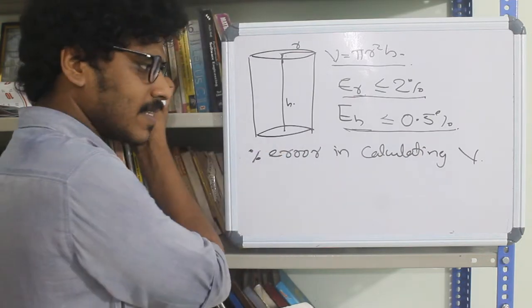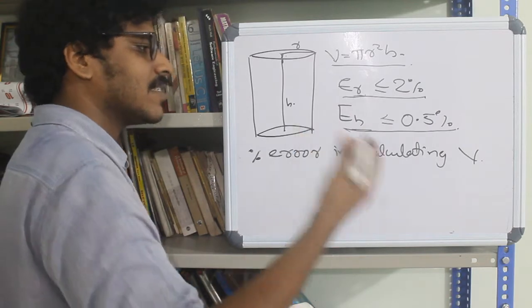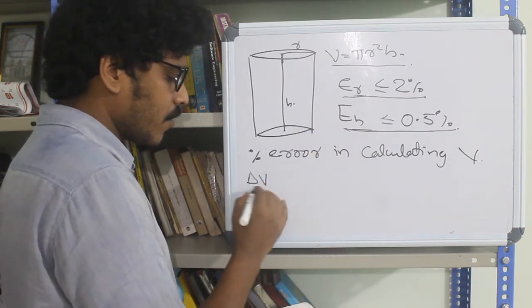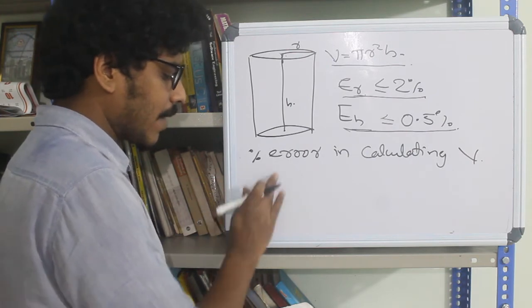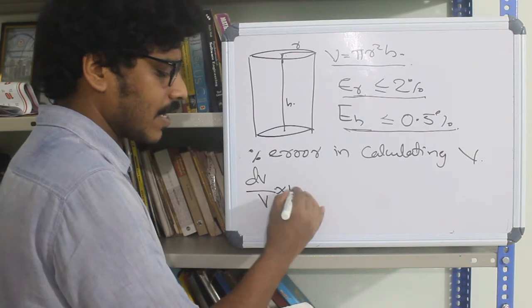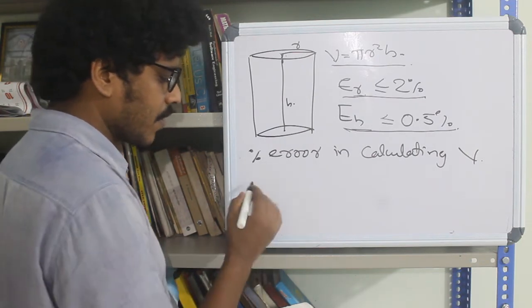Let's try to find the percentage change in calculating V. It can be approximated as dV by V into 100, right? So what is dV then? Let's try to find dV first.